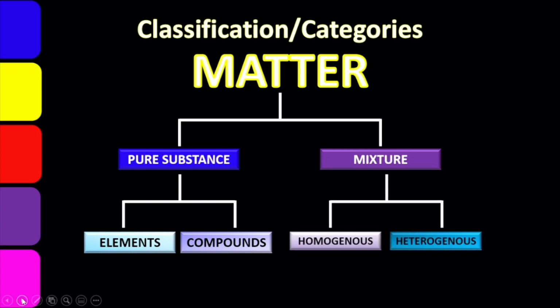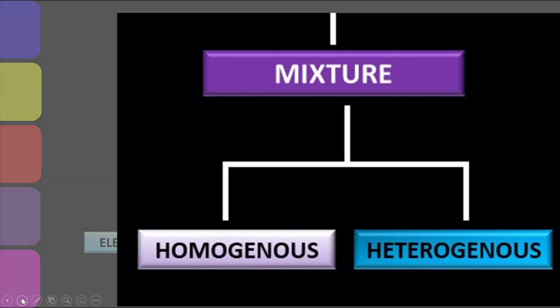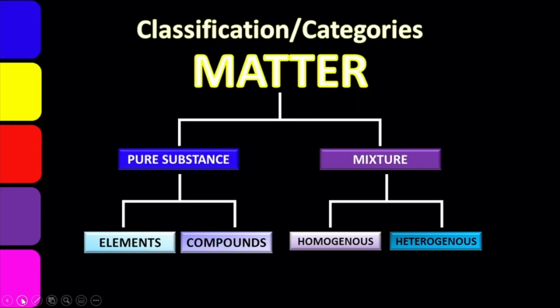Pero dito tayo po focus sa mixture because sa mixture, it is divided into two types. Meron tayong homogeneous mixture and heterogeneous mixture. So basically, magfo-focus tayo sa mixture at yung dalawang uri ng mixture for this discussion.